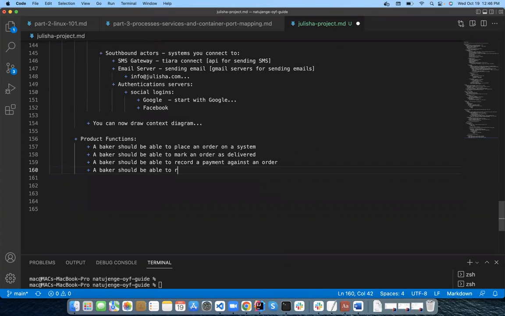to receive a notification. What you can test there, or order reminders, should receive order reminders. So a baker should be able to receive a reminder for a potential sale.